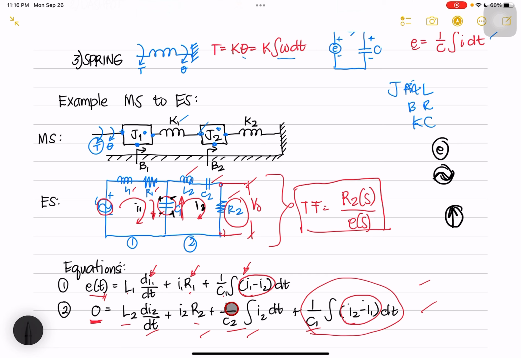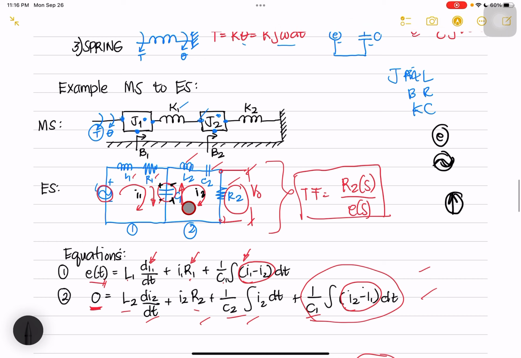Then this C2: plus 1 over C2 integral of I2 dt, since only I2 passes through it, plus 1 over C1 integral of I2 minus I1 dt. Okay, so that's how it is in the electrical system. The entry is positive I2, then minus I1. Okay?